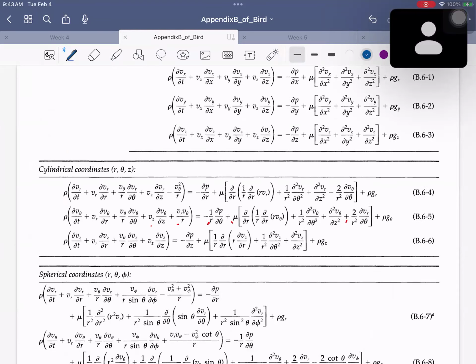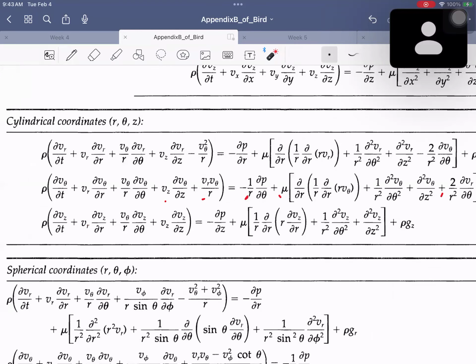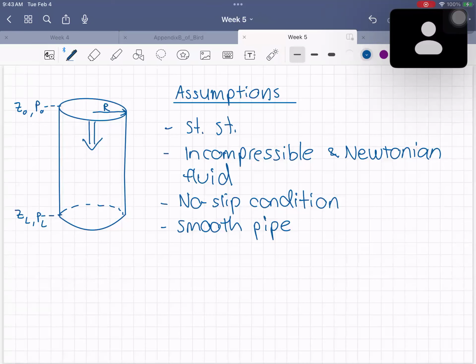In this one, we will have r, theta, and z. So let's define the direction for each axis. This will be in r, this will be in z.